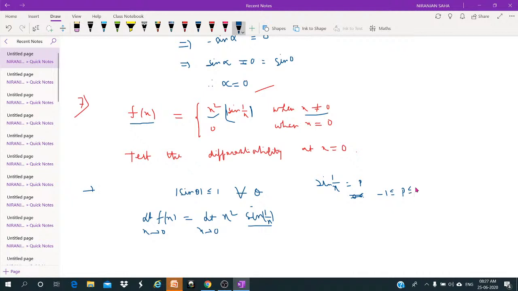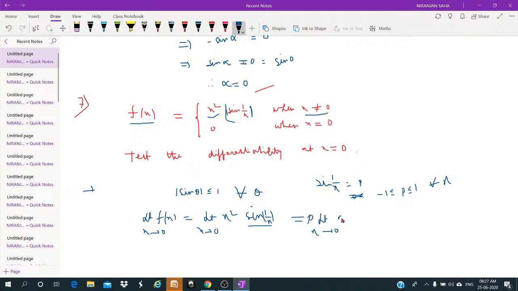So we can replace this in this way. Limit x tends to 0. Now you can treat p as a constant. It does not depend on x further. It is a bounded function, so for all values of x you can bring it out of this function.